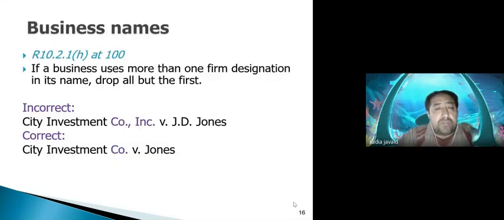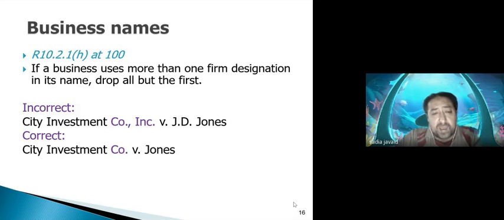So business names, in which way we have to write them down. This one is the rule R10.2.1(h) at 100. If a business uses more than one firm designation in its name, drop all but the first. So you have to mention only the first one.